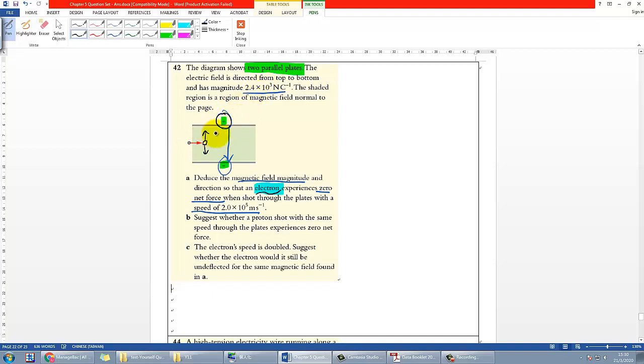Okay, so let me label this as Fe for electrical force, electrostatic force more precisely. And then if you remember that, then for electrostatic force, you may be thinking about, hey, could we use this equation, Q1 Q2 over R square? The answer is no, right? You cannot use this one.